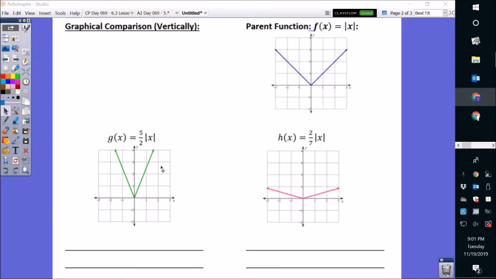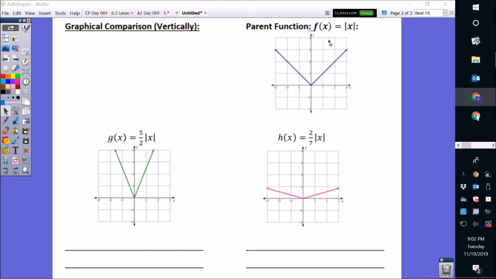Now, if we compare it to the bottom left graph, where it's written as g of x equals 5 over 2 times absolute value of x, you can see that the number is outside, in front of the function. So this is going to be vertical dilation. If you look closely at the fraction, 5 over 2 is equivalent to 2.5, so that's more than 1. So this will be classified as vertical stretch.